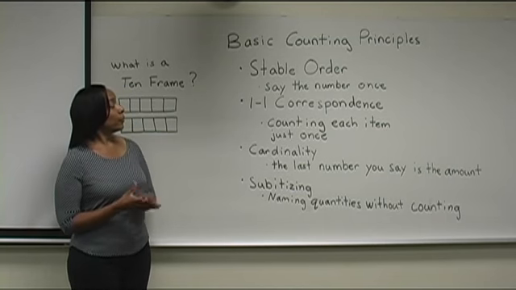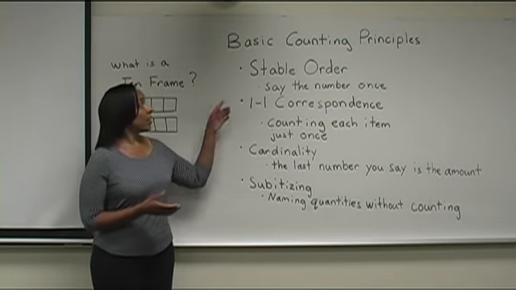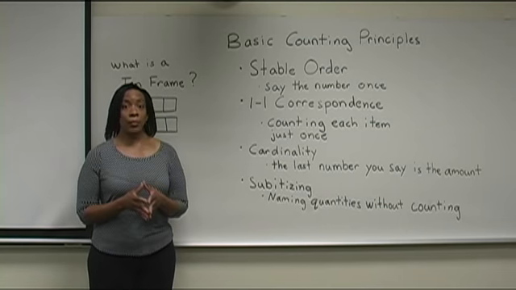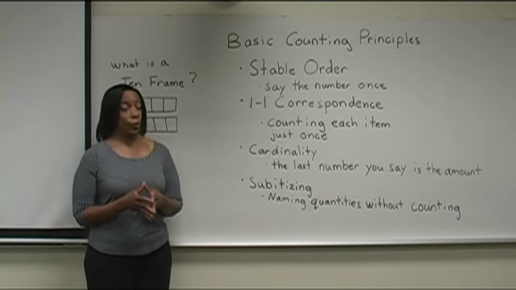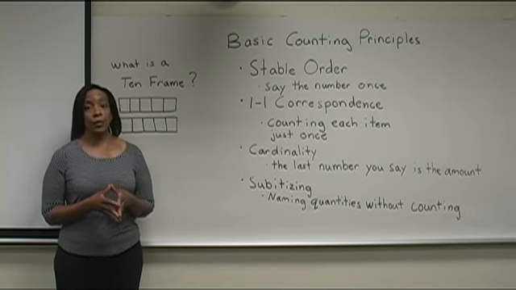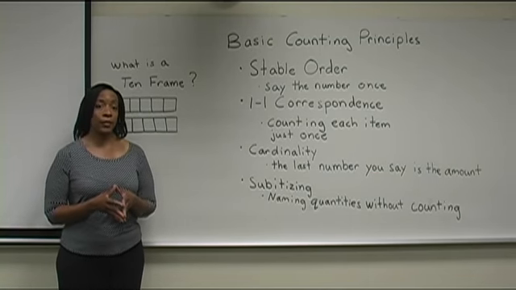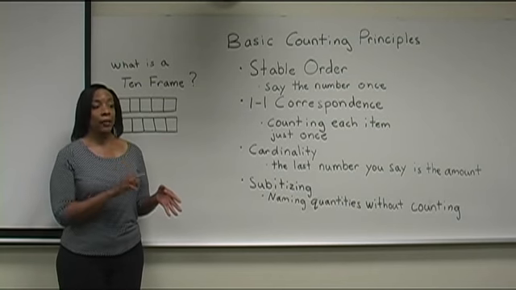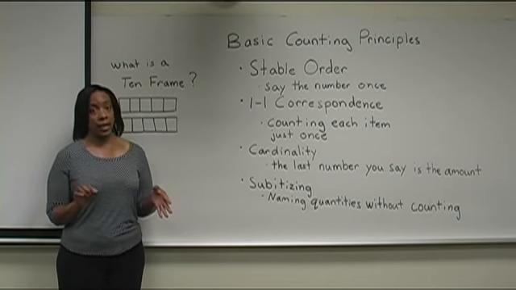So the principles are the stable order principle, which means that you say each number one time and they're said in the same order. The second basic counting principle is one-to-one correspondence. For young learners, what that means is when you see a set of objects, you count each object just one time.